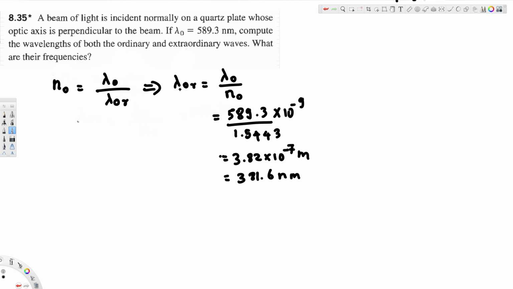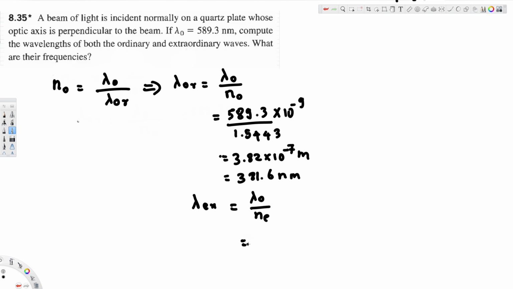Also lambda extraordinary, it's the same thing. You can say lambda extraordinary is equivalent to lambda naught divided by n_e. Lambda naught is the same, but the index of refraction for extraordinary is a little bit different.